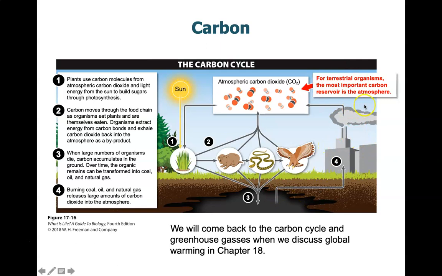Now, along with this, we also produce greenhouse gases, which are other types of gases, methane and things like that, that are actually causing problems in addition to the increase in carbon dioxide. And this is what is going to lead to, or is leading to, global warming. And we'll come back to that in chapter 18. So we are not only breathing carbon dioxide because we're living and respiring, but as humans, we are also releasing other sources of carbon back into the atmosphere.